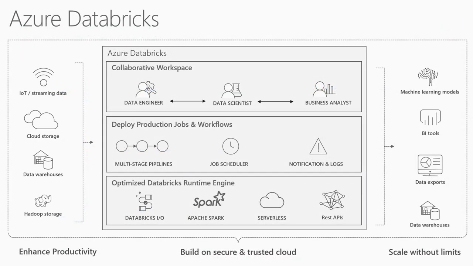So if you just open the box a bit, Azure Databricks primarily has 3 layers. The core system is made of the Databricks runtime engine, which runs about 7 to 10 times faster than open source Spark. It has a lot of additions in terms of advanced caching, Databricks I/O caching, and serverless computing.